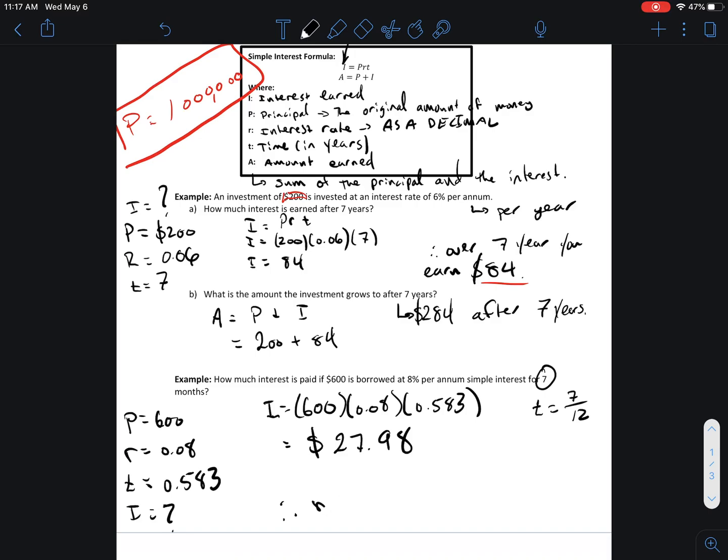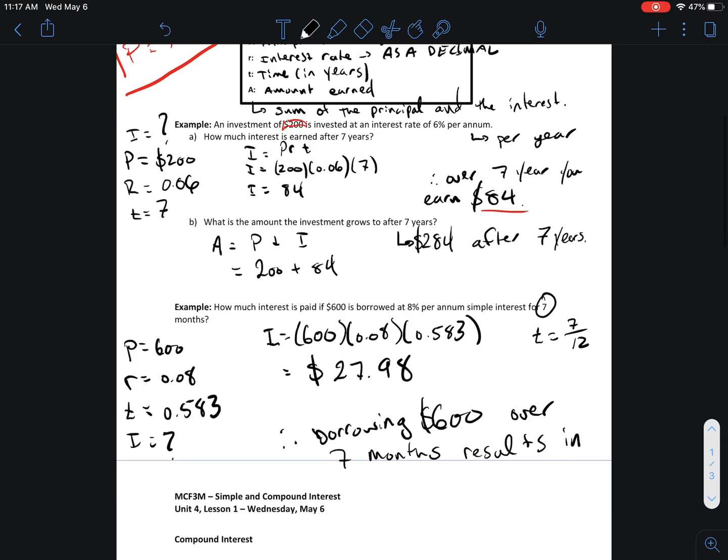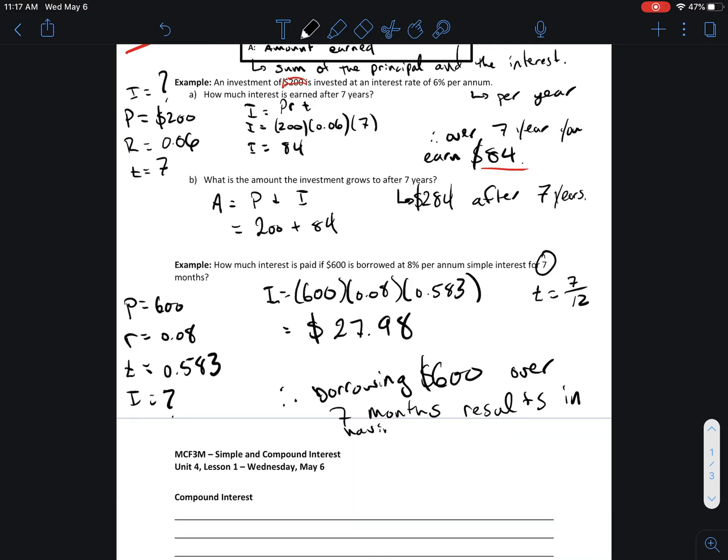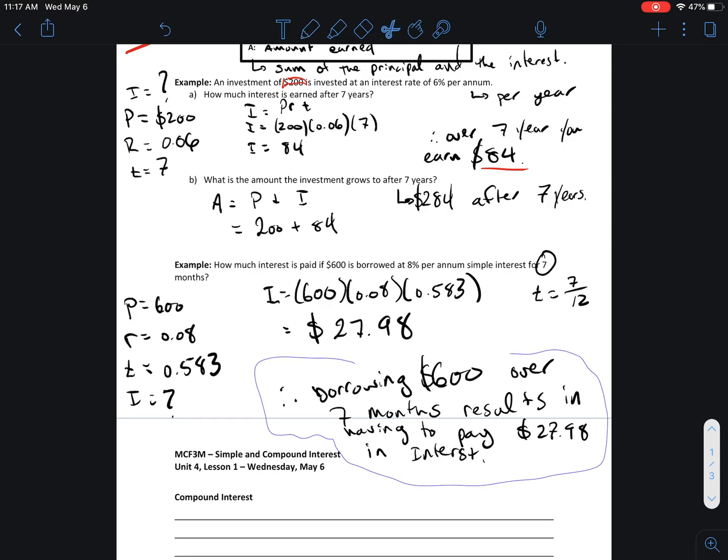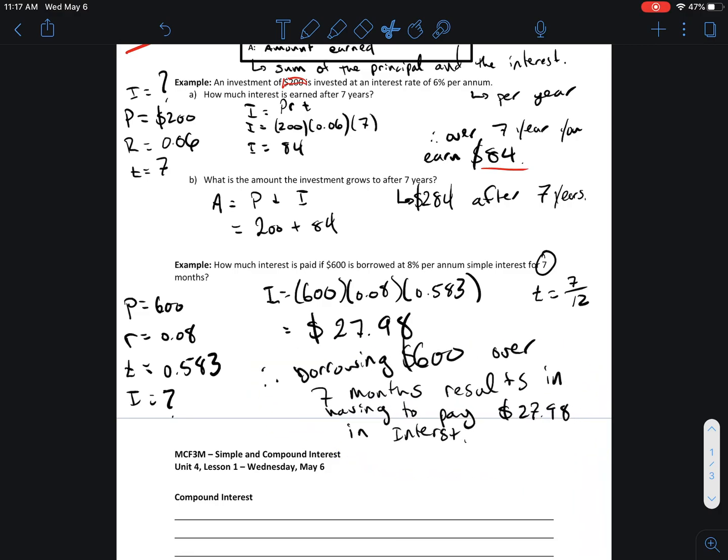Therefore, borrowing $600 over 7 months results in having to pay $27.98 in interest.